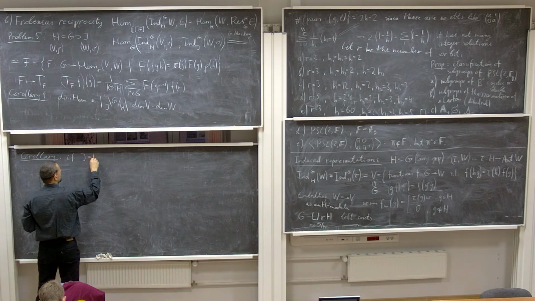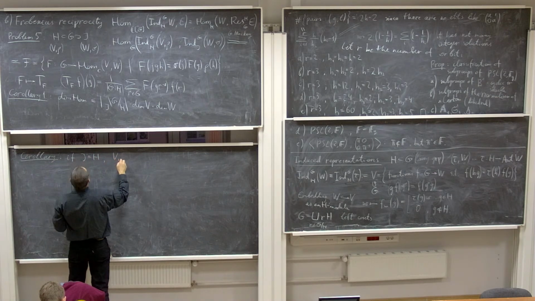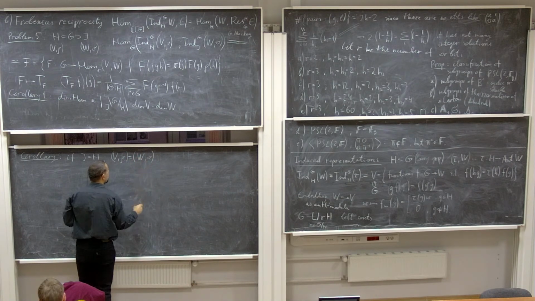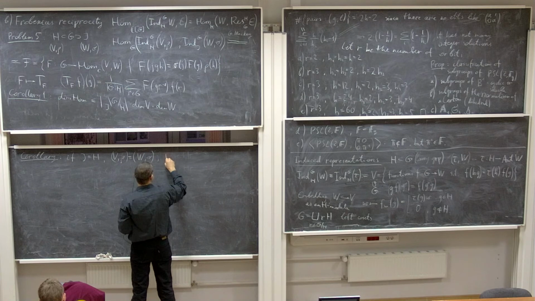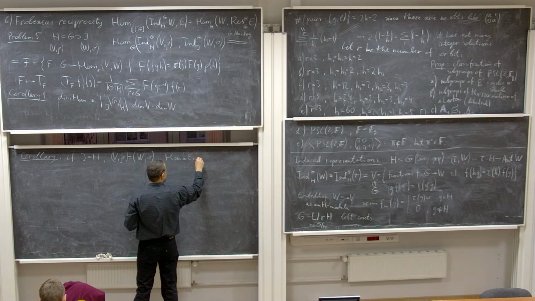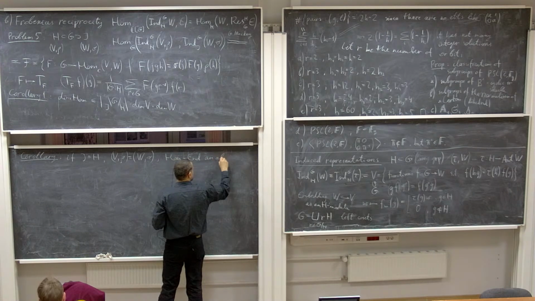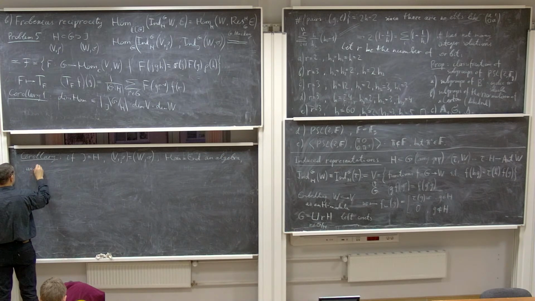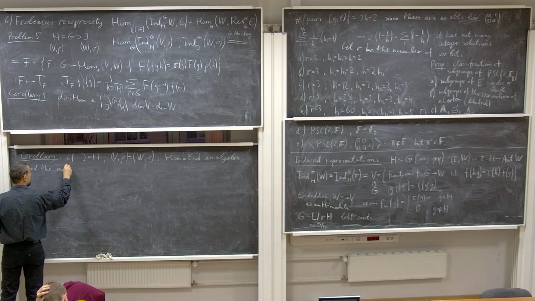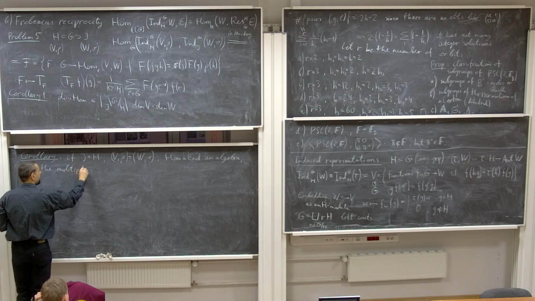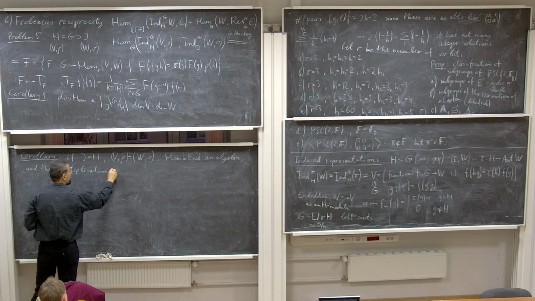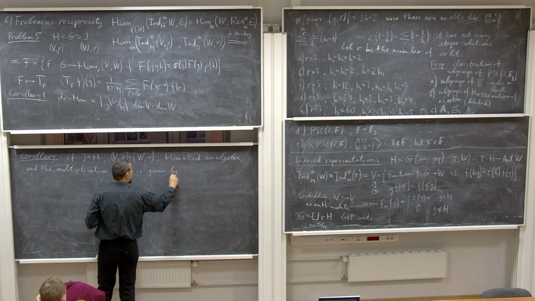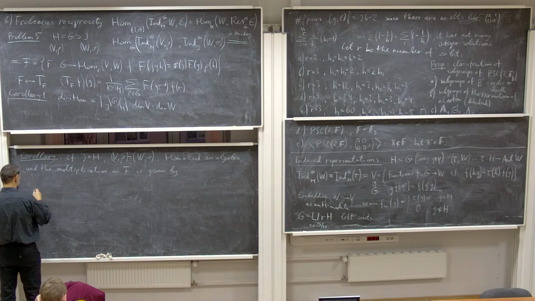If J equals H and V, rho equals W, sigma, this Hom space forms an algebra, and the multiplication on F is given by a sort of convolution.